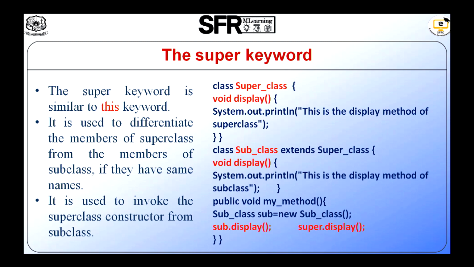In the subclass also, we have the display method. When you create the object for the subclass and call the display method, it will call only the subclass display method. If you want to call the superclass display method, we use the super keyword, that is super.display.